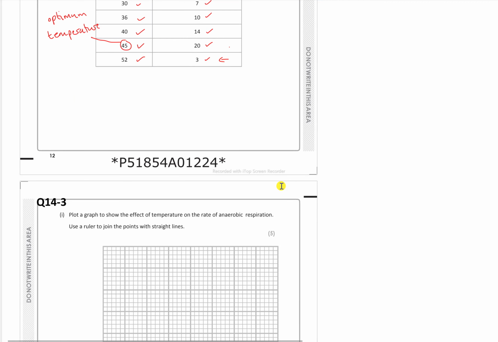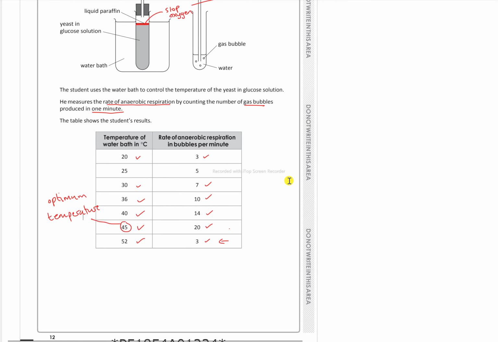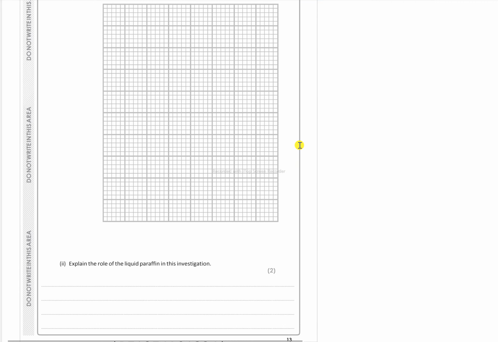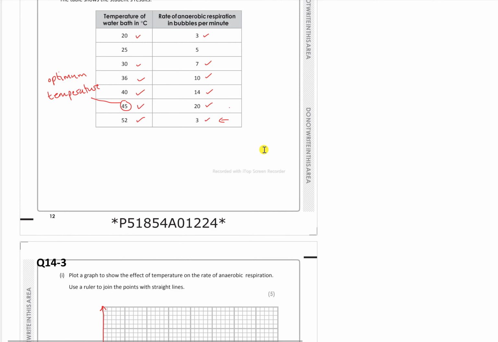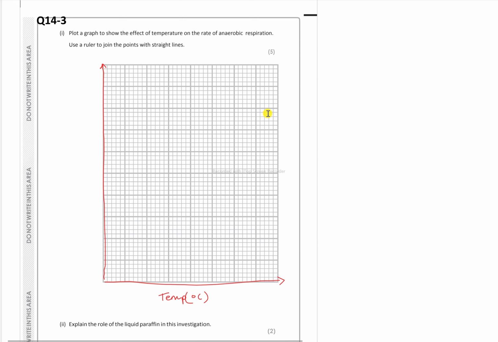And then we have to plot this. So what you do is at the bottom you'd put in the temperature, and up here you'd label this bubbles per minute, rate of anaerobic respiration.